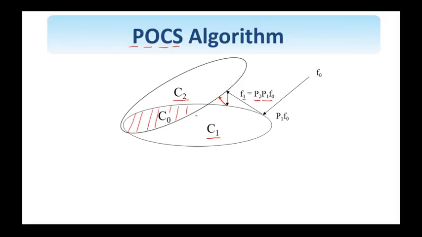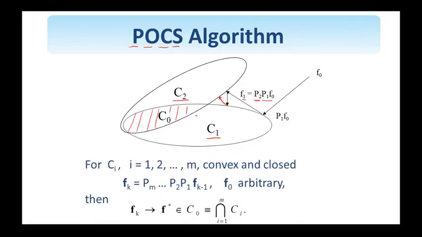and so on. So the theory tells us that in general, if I have M such convex sets, and I repeat this projection onto convex sets, or alternating projection algorithm, right? I start with an arbitrary F0 and project onto the first, the second, the M-th set. This gives me the new update.